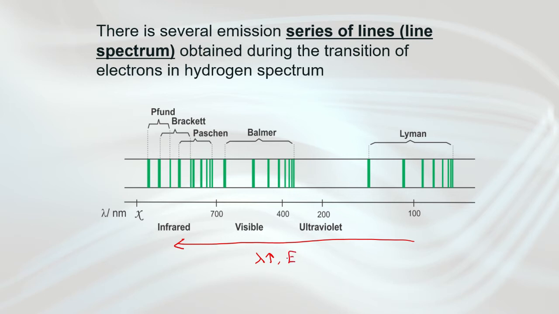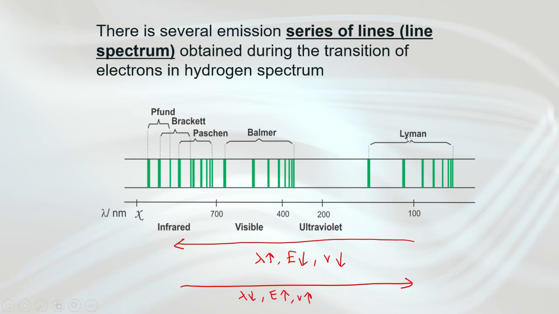So wavelength increases from left to right, and energy decreases and frequency also decreases. That means the Lyman series has the highest energy. It is easier to see from left to right, where it is vice versa: wavelength decreases, which means energy increases and frequency increases.